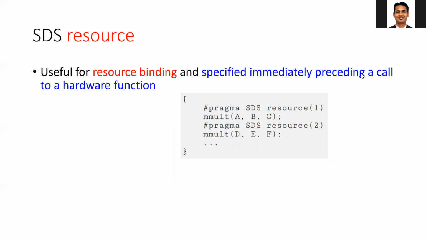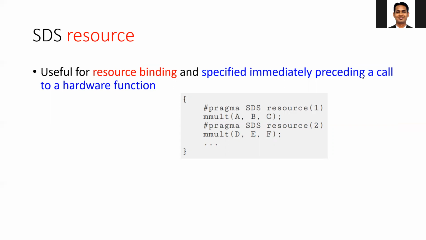I have the option to call it in a sequential fashion. I first send the data to that IP, wait for that IP to execute and receive the output, and then I send the new input. For example, here I'm performing matrix multiplication where my inputs are A, B, D, E, and my outputs are C and F, where C is equal to A into B and F is equal to D into E. Here I am using different resources.